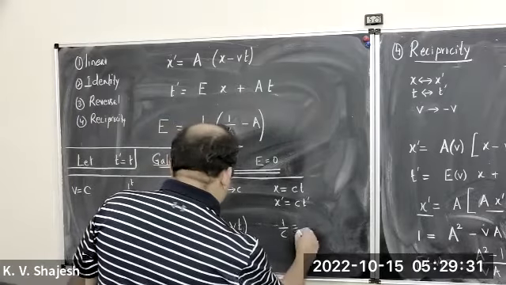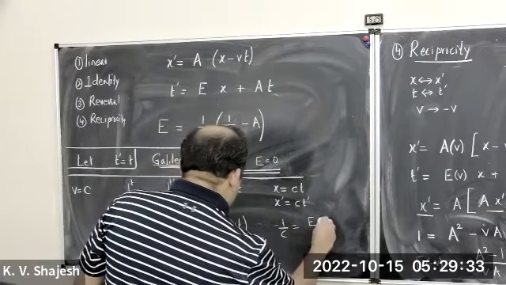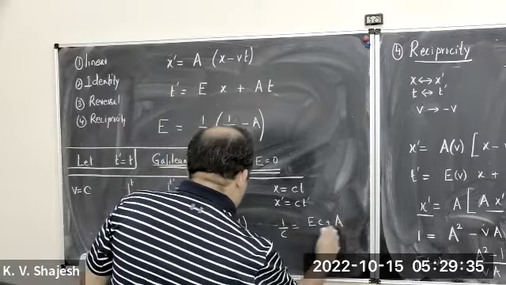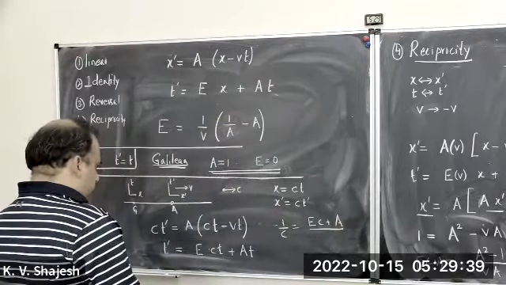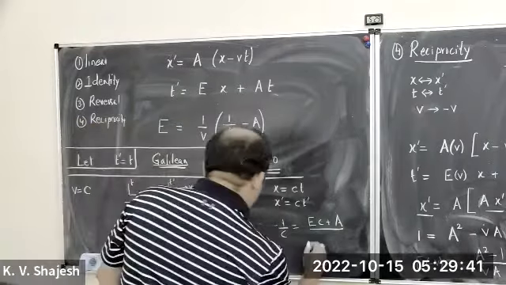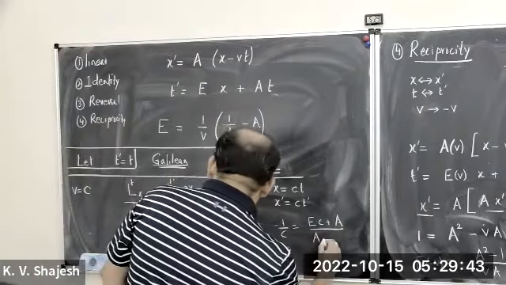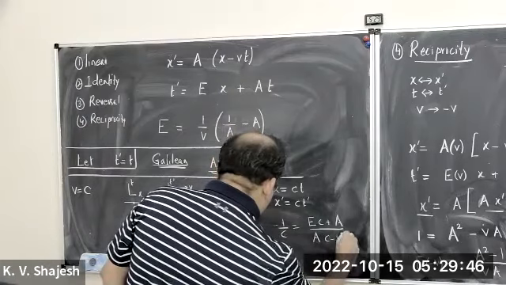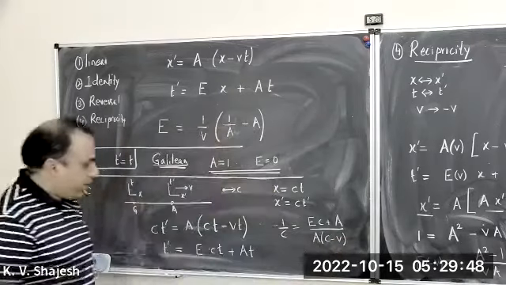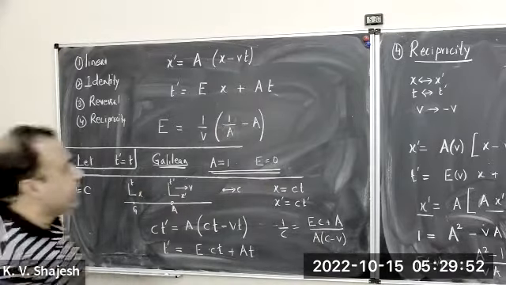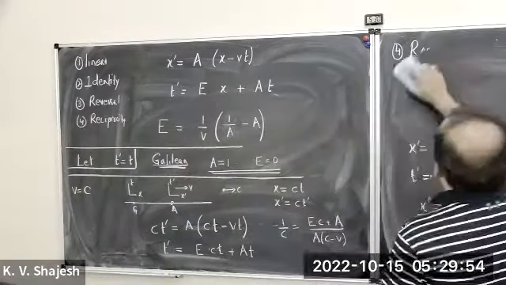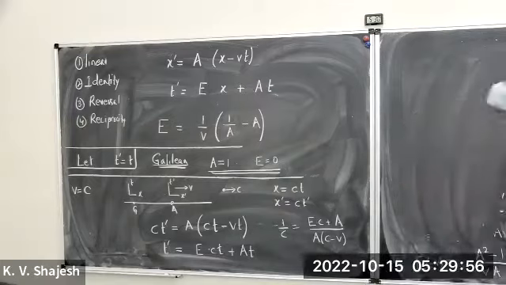That's equal to e times c plus a, divided by a times c minus v. That's a consistent relation, and we can immediately see that it gives a solution for a. I can do that in a minute here.